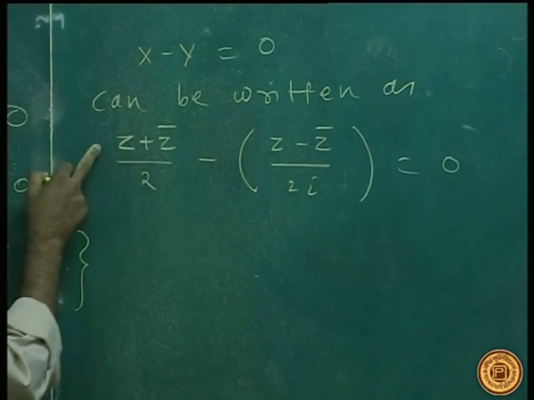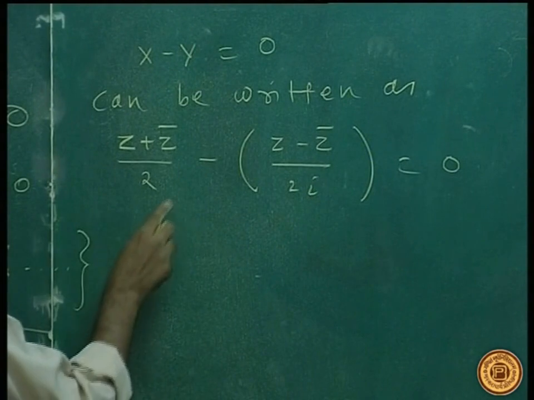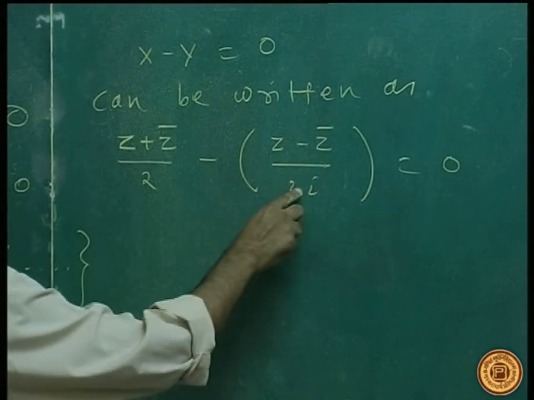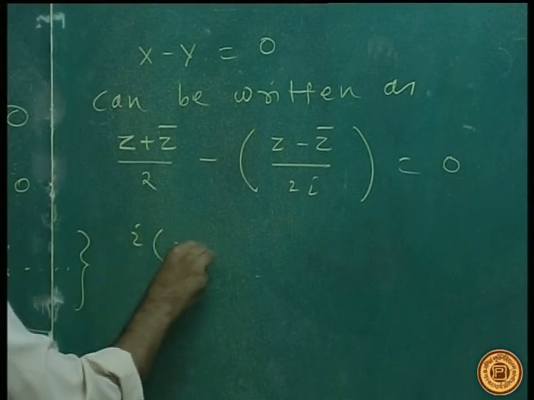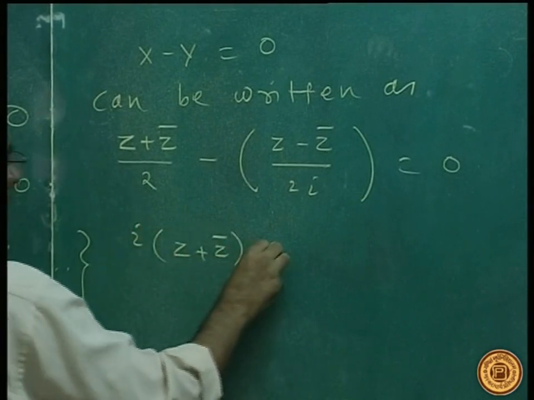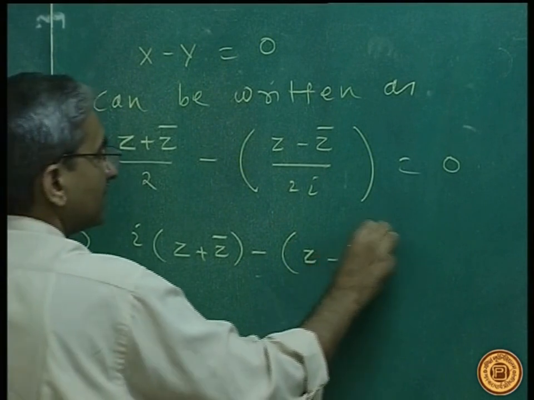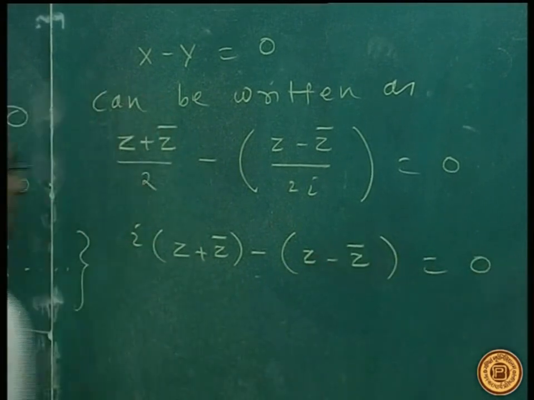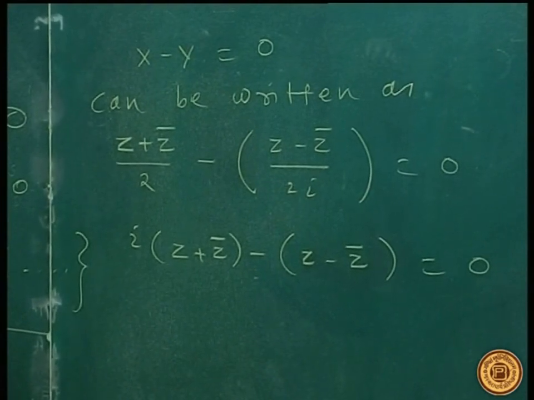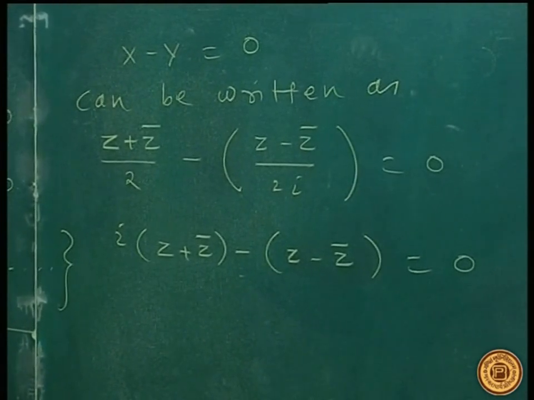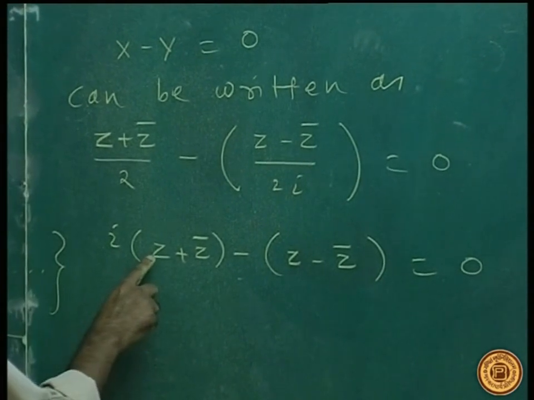Now let me multiply this by i just to clear the denominator. So this is i times (z + z bar) minus (z minus z bar) equal to 0. So what is the coefficient of z?